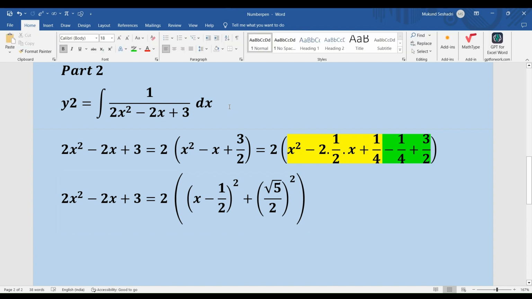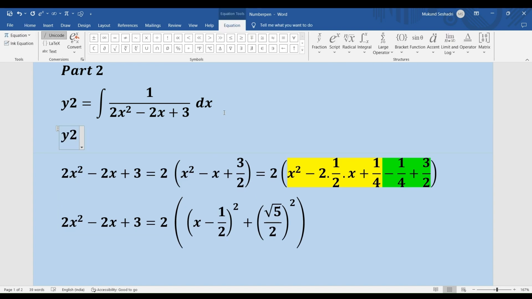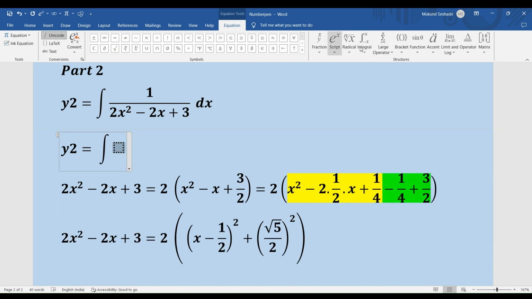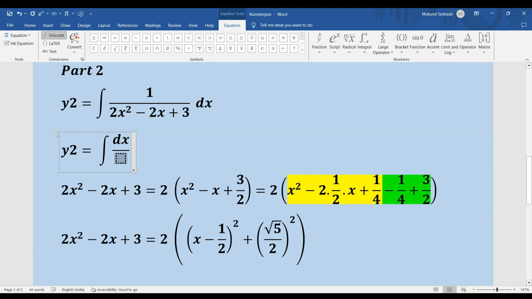Now let me go back to my y2, and what happens to my y2 now is I'm going to rewrite my y2 in the format we just arrived at for the quadratic expression, right? So what happens here is now I have my dx as it is, and then my quadratic expression has got 2 as a common factor, right? I'm referring to this particular 2.